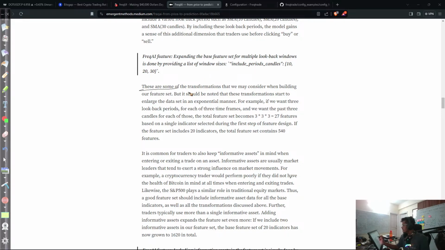So these are some of the transformations that we may consider when building our feature set, but it should be noted that these transformations start to enlarge the data set in an exponential manner.